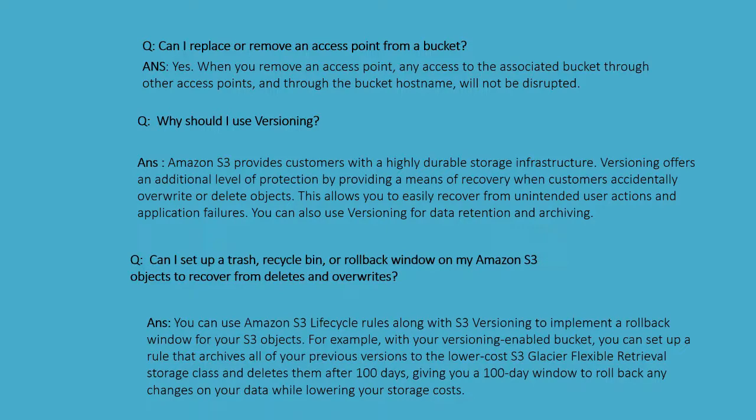For example, with a versioning-enabled bucket, you can set up a rule that archives all previous versions to the lower-cost S3 Glacier Flexible Retrieval storage class and deletes them after 100 days, giving you a 100-day window to roll back any changes on your data while lowering your storage cost.